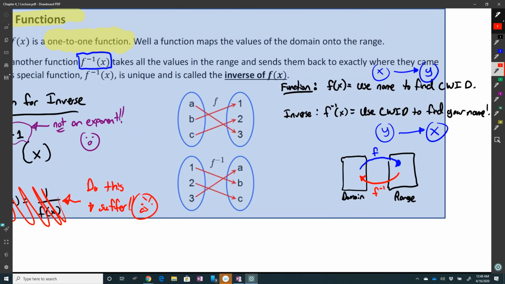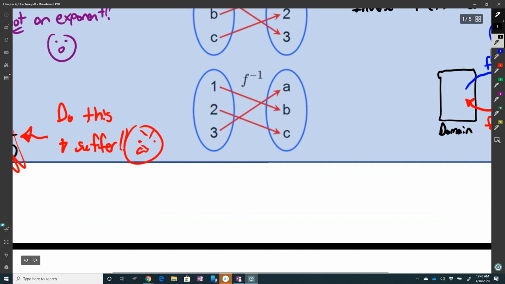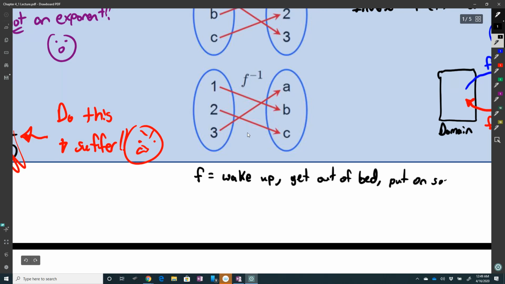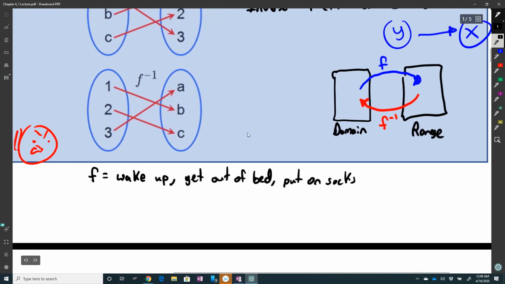Okay? So if f is putting on your shoes, let's say you wake up, you get out of bed, you put on your socks, and then you put on your shoes.